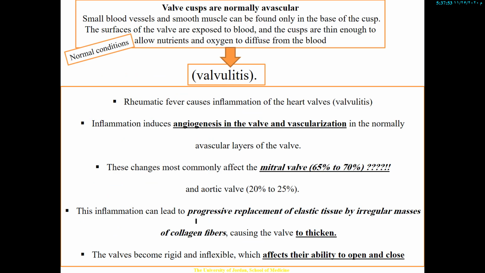Now, a clinical application about the cusps, which is very important, and I would always ask about it in your exams, because this might be one of the most common causes of problems or diseases in the heart.